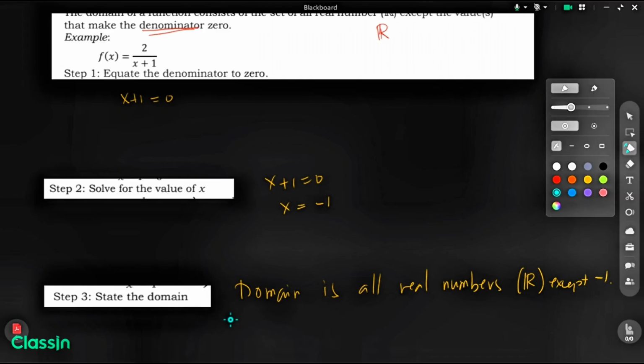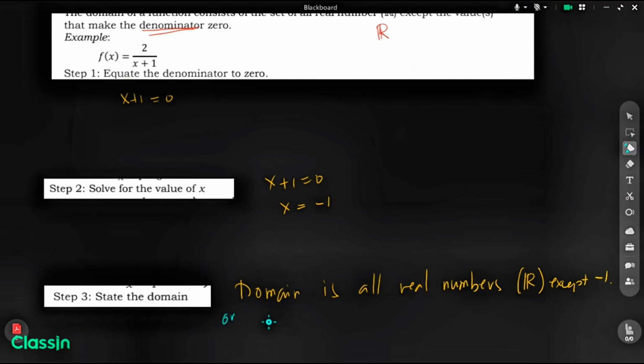Or in set notation, we can write the set of x such that x is an element of real numbers where x is not equal to negative 1.